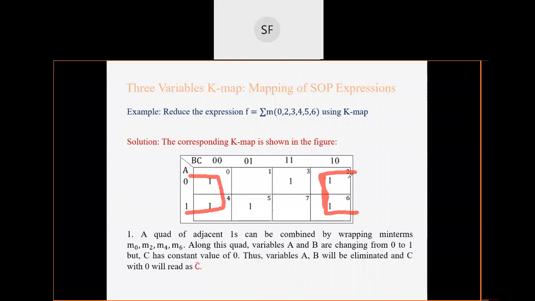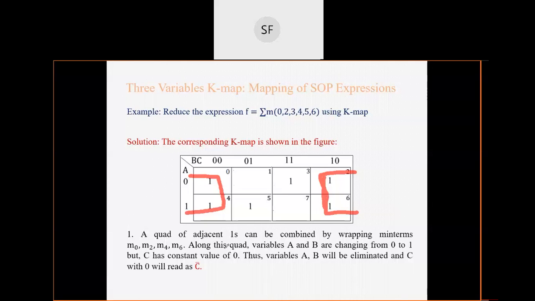Just as you paired this cell with the one next to it, similarly you can also do a quad. Since here also two ones are present, this type of quad is possible. Okay. So a quad of adjacent ones can be combined by wrapping minterms. Now how many minterms is it wrapping? 0, 2, 4, 6.